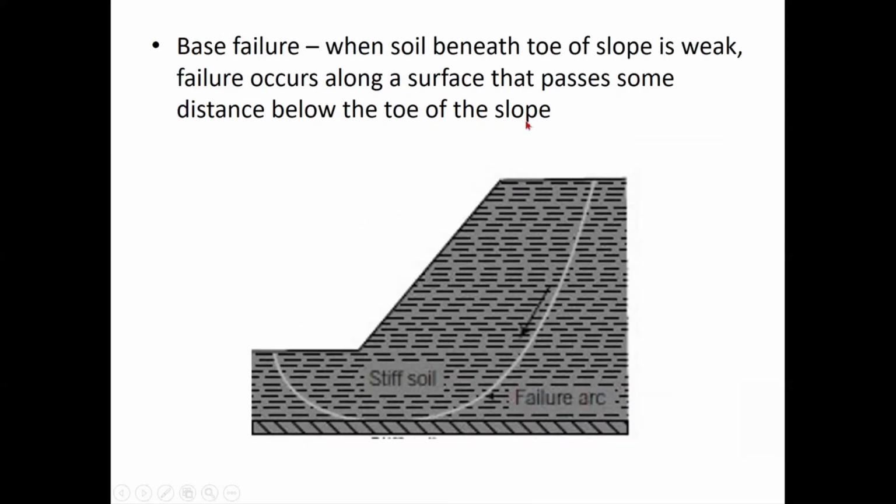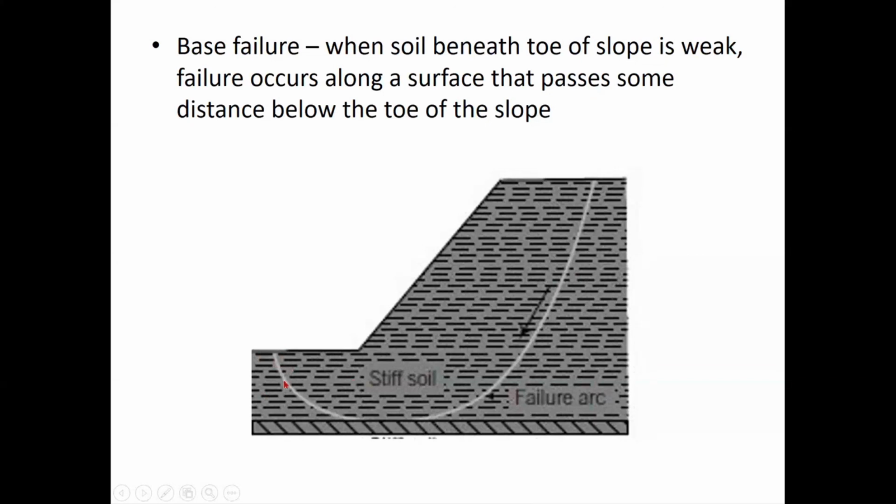So this happens when the soil beneath the toe is weak. If the soil here is weak, then the failure occurs along a surface that passes some distance below the toe of the slope. As you can see, the failure surface doesn't intersect on the face or at the toe. It passes through some depth below the toe and intersects at some point after the toe, as you can see here.